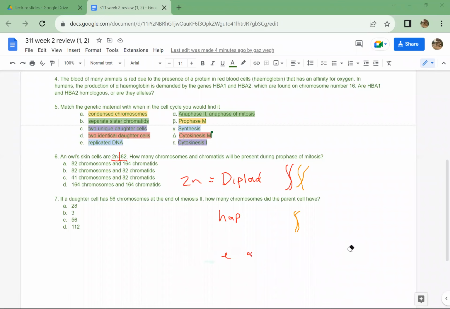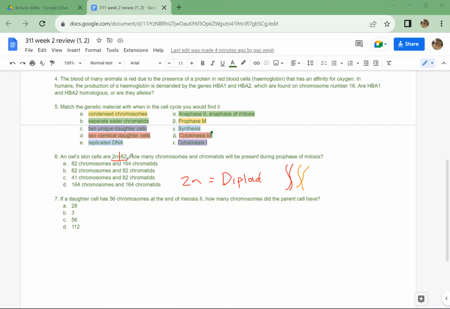So being diploid, this 2n, you're not solving for n. This simply means that we have a diploid organism, and therefore every cell will contain homologous pairs. I'm obviously not going to draw all 82 homologous pairs that you'd find in the cells of an owl, actually I think this is a great horned barn owl. That's 2n equals 82.